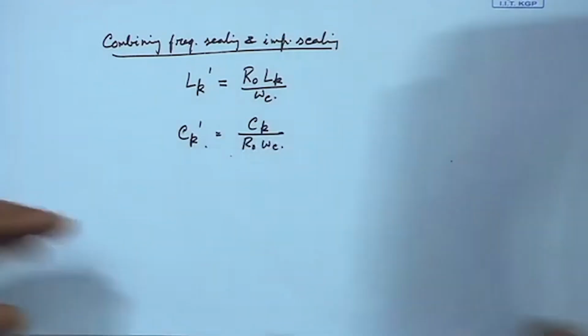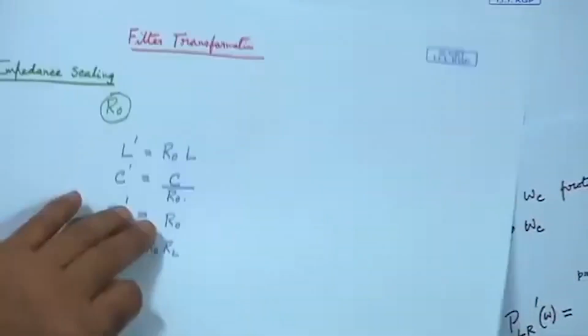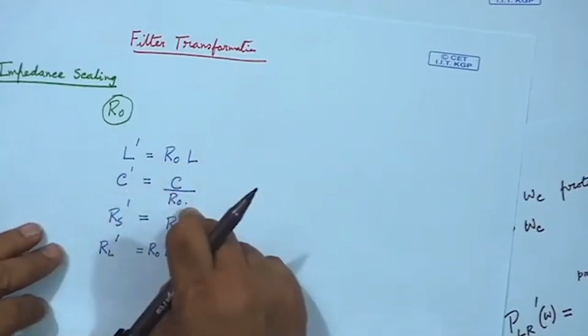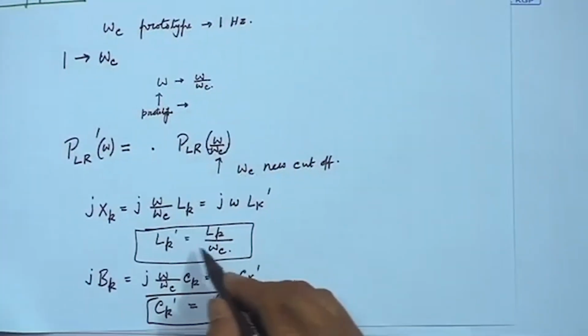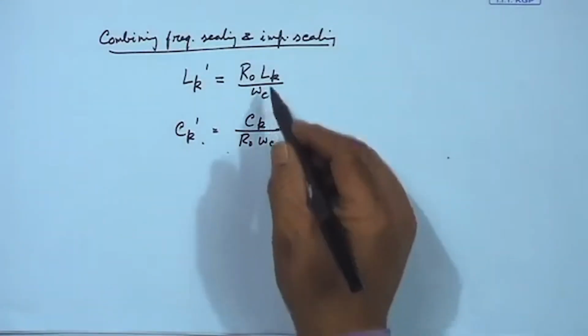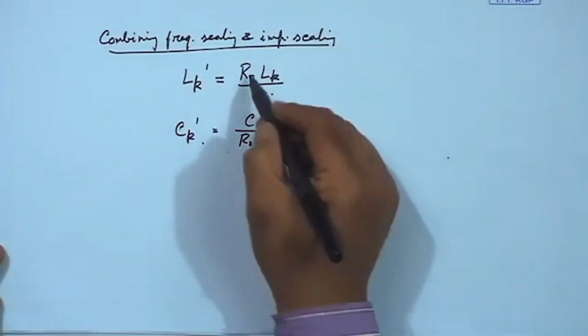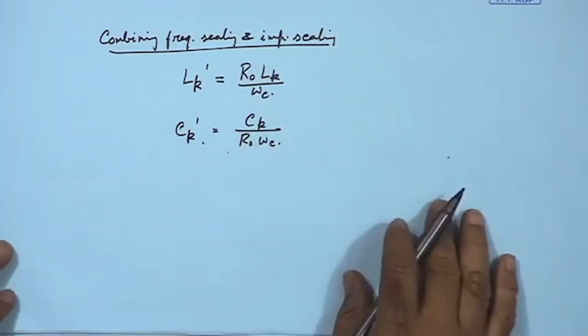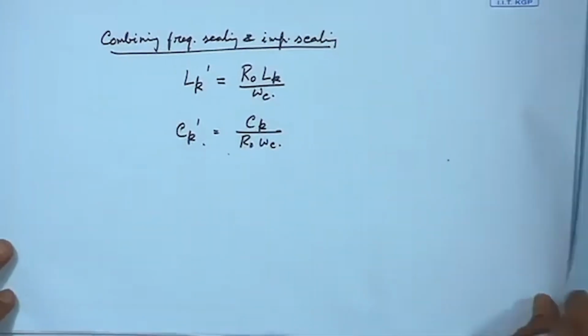The reason is that in impedance scaling, L dashed is multiplied by R naught and C dashed is divided by R naught, while for frequency scaling both Lk and Ck are divided by omega c. So both are divided by omega c, but one is multiplied by R naught and the other is divided by R naught. This is frequency scaling and impedance scaling combined.